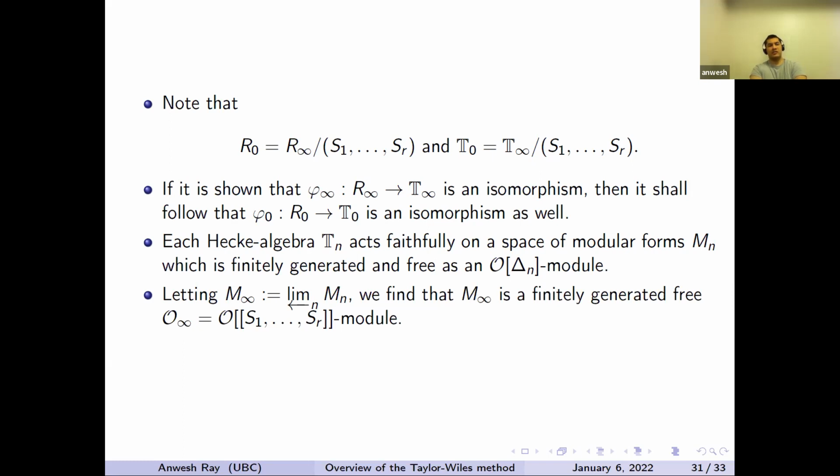I think there are some results of George Boxer and others on this topic. For totally real fields, a lot more is known. The level lowering theorem is more or less known in the totally real field case, and I think the modularity theorem is also known.